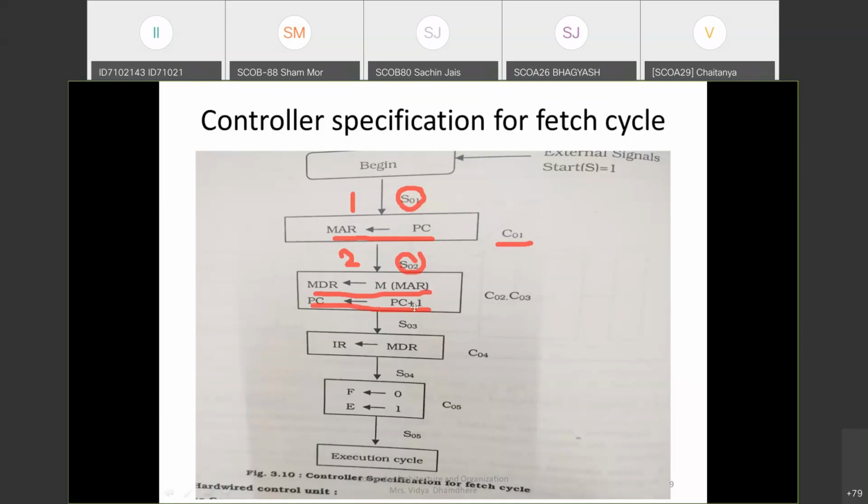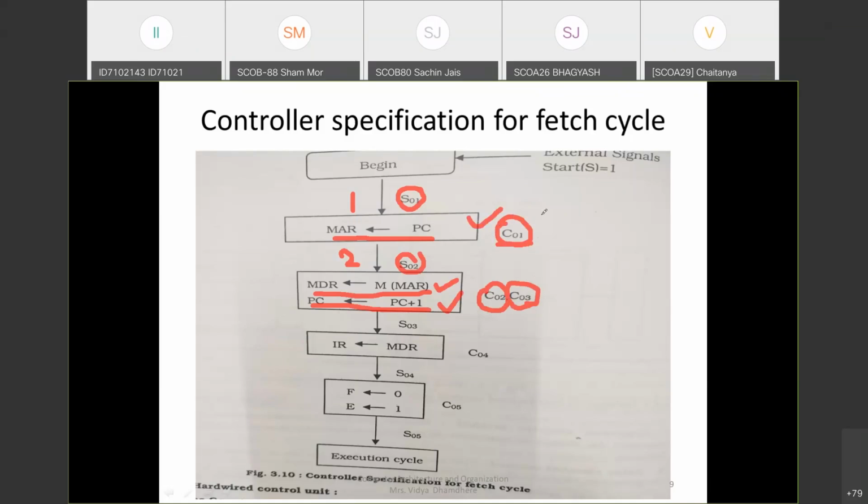The program counter content will be incremented by 1. The first step is counted as C02, and the second step is C03, counting 3, the third step. So sequence number 2 involves the second and third steps. Sequence number 1 has only one counter, since only one step is involved.